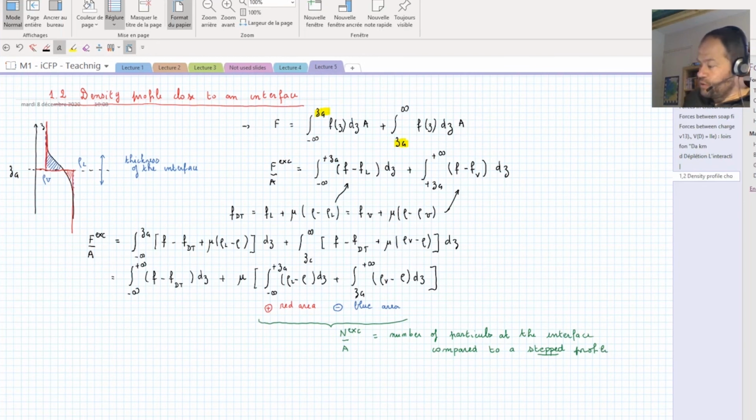Of course, a very easy way of not taking this into account is to say that we can choose this equal to 0 by fixing the position of the Gibbs plane.